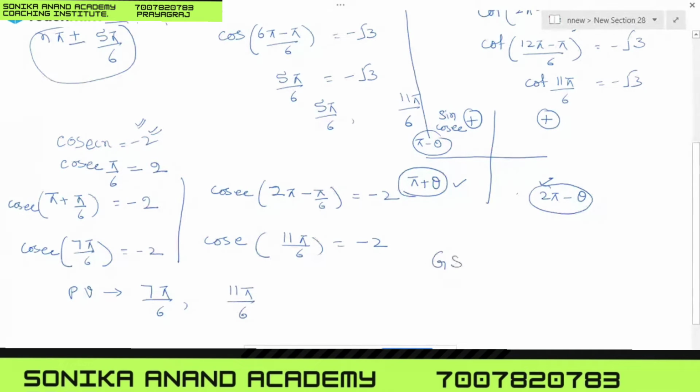Now the general solution. This is sine theta and cosec theta, so that is n pi plus theta, where n belongs to Z. So the first value of theta, the smaller value, is n pi plus 7 pi by 6. This is your answer.